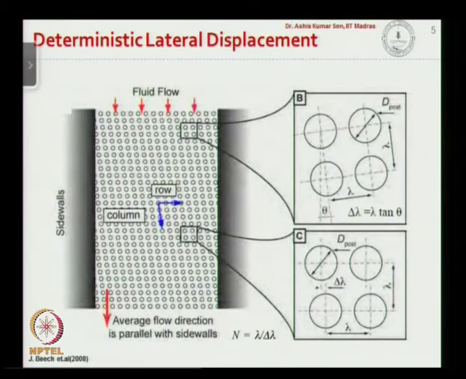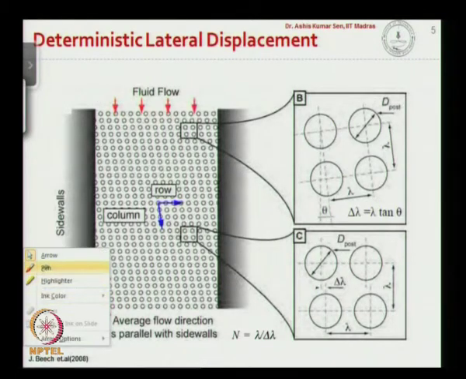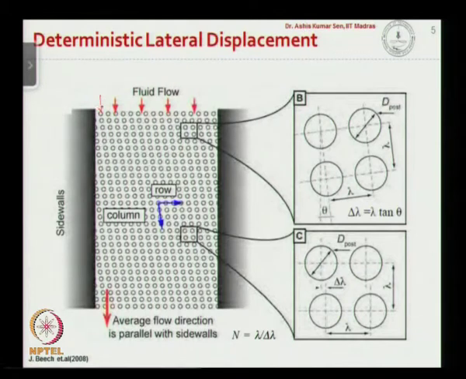If you look here, there are different rows, and as compared to the first row, the second row is offset by a distance delta lambda, okay, and the angle between the vertical line through the center of the first row, let us say this post, and the second row first column post is theta, okay.